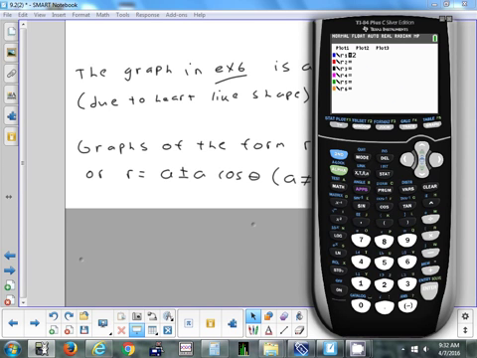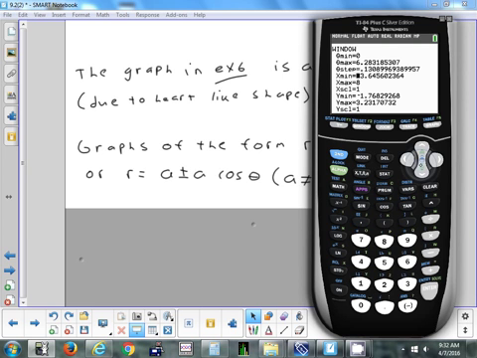Let me graph it and show you what it looks like on here. Sine theta. Let's make our y max. We know it goes up. How high does the y max go? 6. So I know 8's plenty. How about at 180? How far over was I? 3. So that should be fine. Oh, that was x max.